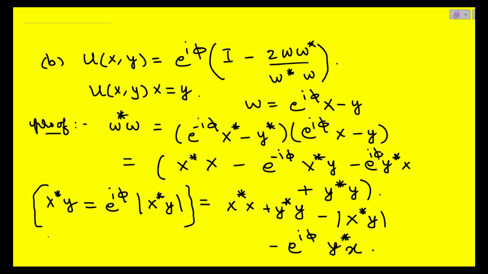So what's y star x? Let's calculate this. The way you get y star x is just by taking the star operation on this one. When you take the star operation on this one, you get y star x. So this is nothing but e to the power minus i phi absolute value of x star y.